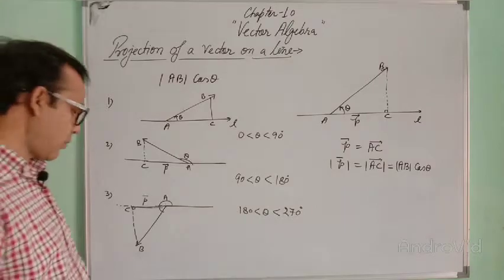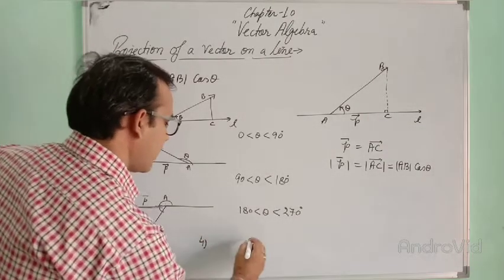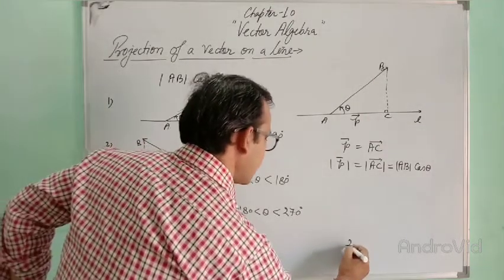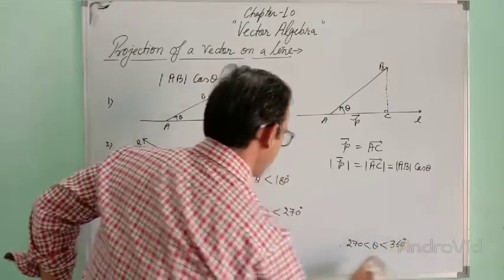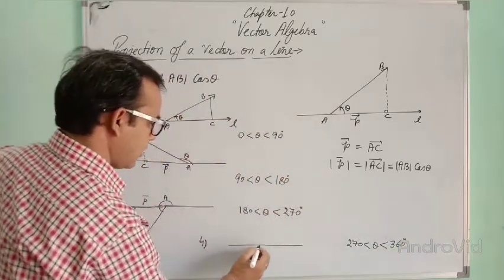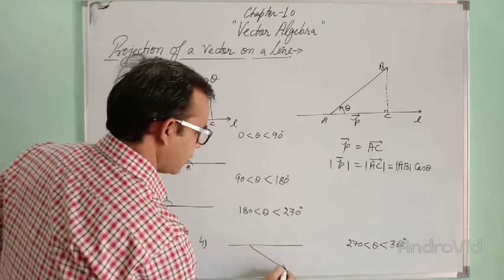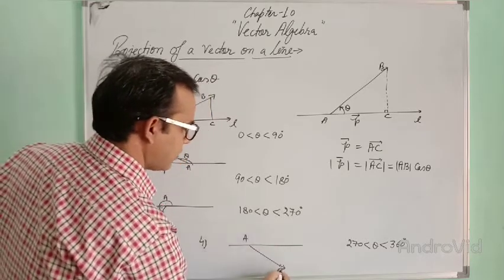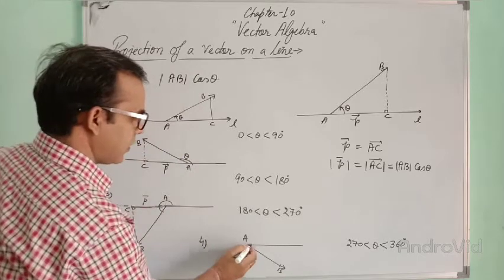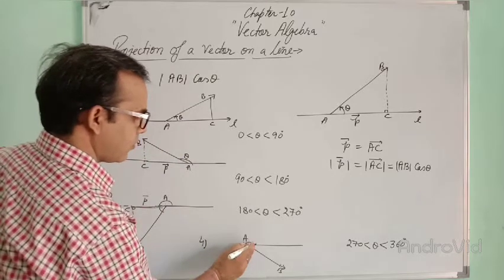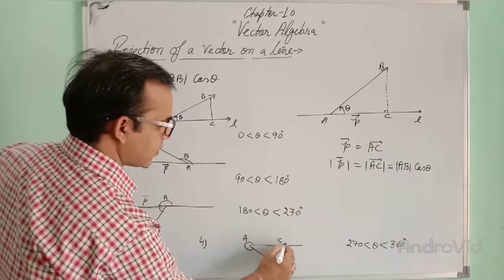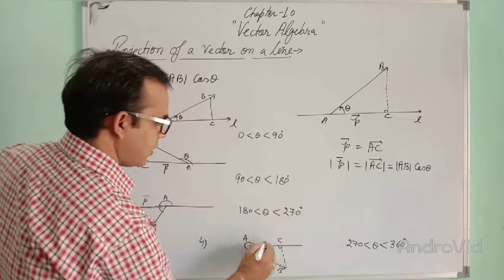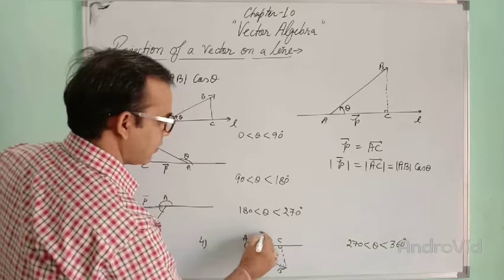Now let's consider the fourth case, when the angle is greater than 270 degrees but less than 360 degrees. Suppose this is A, this is B vector, then this angle. So here the projection will become this. It is the point C, and this AC vector will be the P vector.